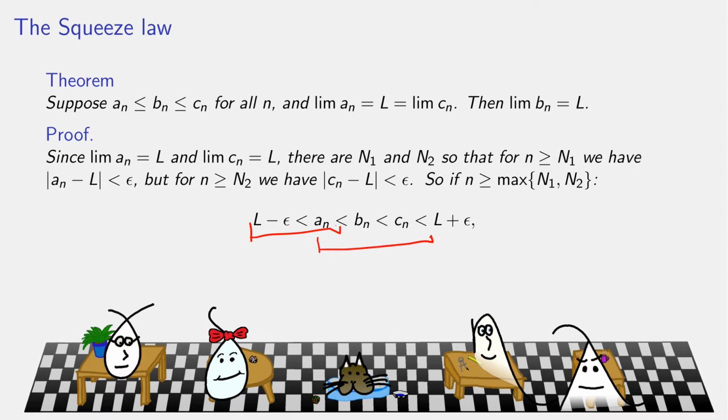This inequality, less than or equal to, was part of our given. And this inequality is true because the cn's are epsilon close to L. Overall, you end up with the bn's trapped between L minus epsilon and L plus epsilon, which is to say the distance to L is less than epsilon. So for any epsilon, past a certain point, all of the bn's are epsilon close to L. That's exactly what we were trying to prove.